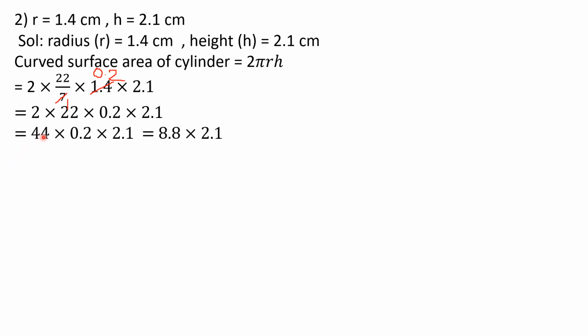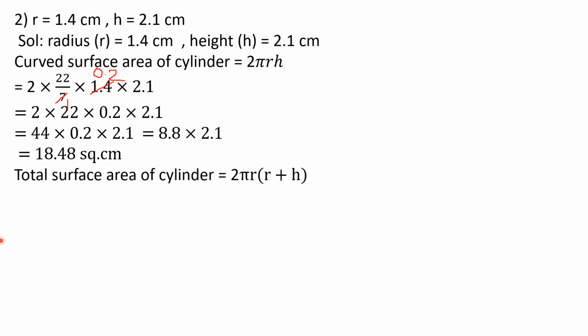So now if I multiply 44 into 0.2, I'll get 8.8 into 2.1 as it is, then we'll multiply these two. So your answer will be 18.48. After decimal, it is read as forty-eight. You'll read it as 18.48 square centimeter.